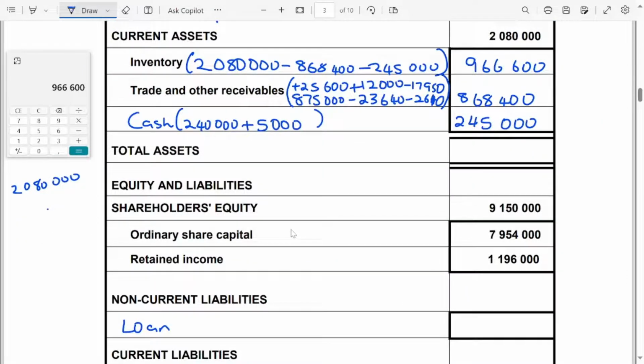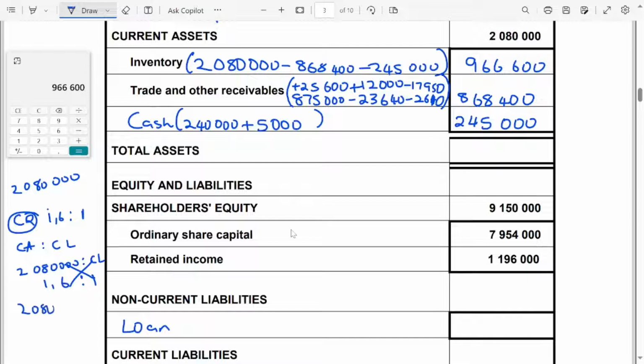So we know that this ratio is saying current asset is to current liabilities, right? The current asset we do have, it is 2,080,000, but we don't have the current liabilities. And we do have the ratio, 1,6:1. Now we just have to cross multiply.